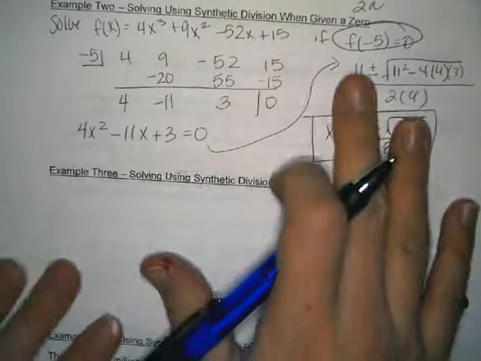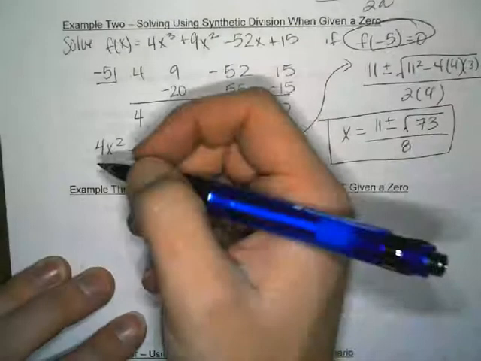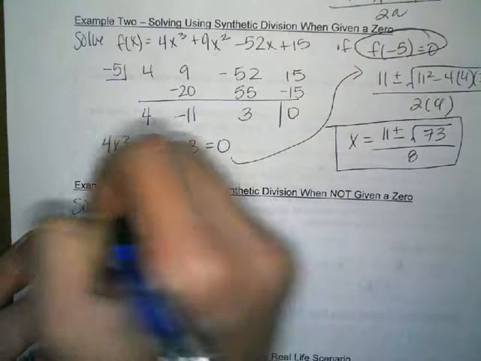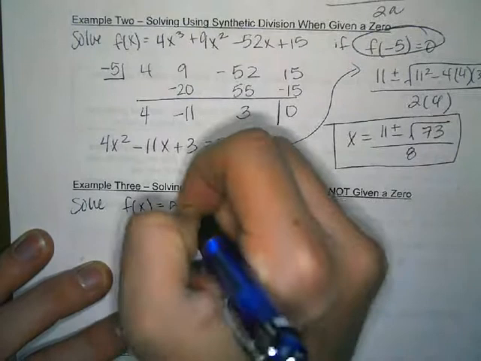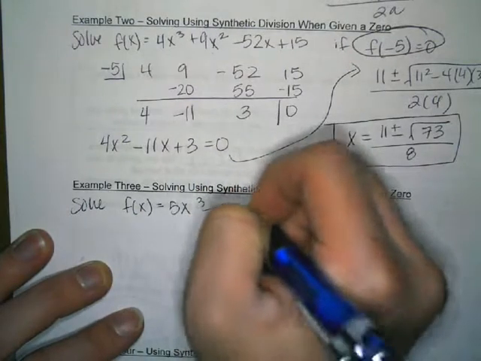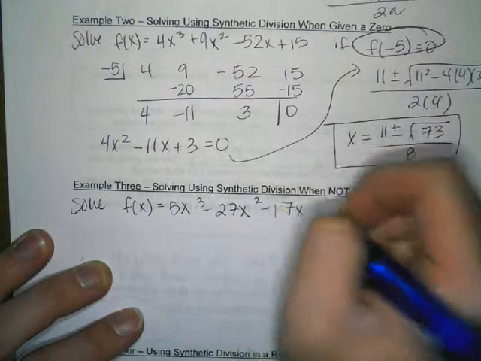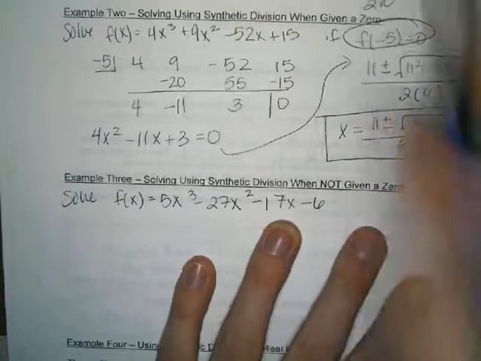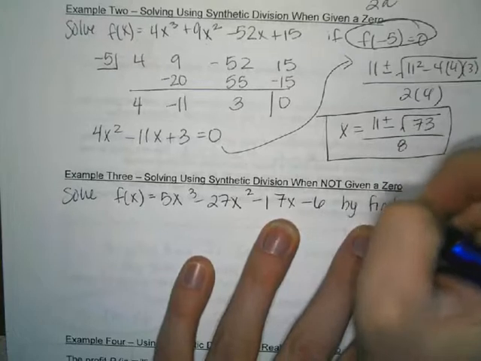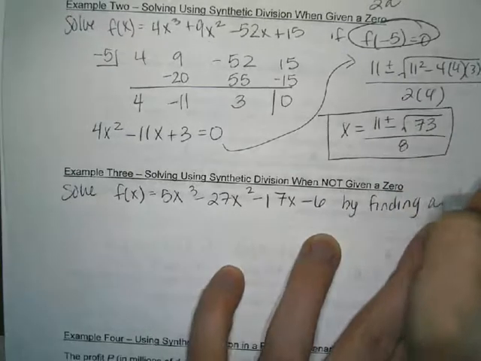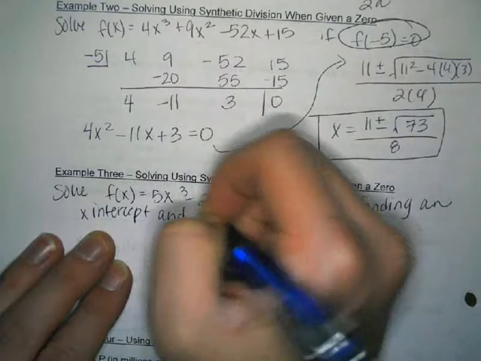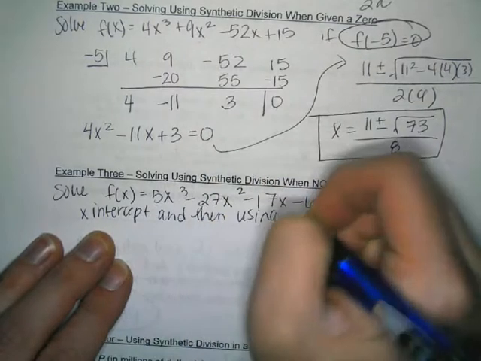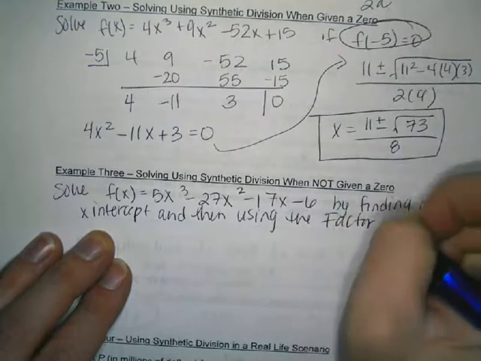Write down solve f of x equals 5x cubed minus 27x squared minus 17x minus 6 by finding an x-intercept and then using the factor theorem. Okay. So this is where we will start tomorrow.